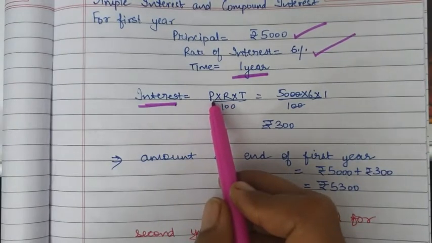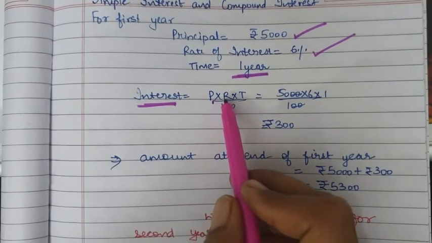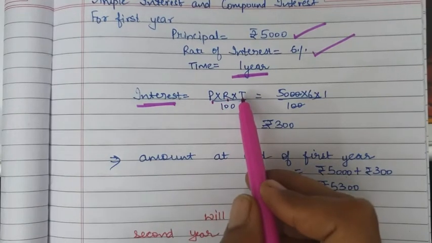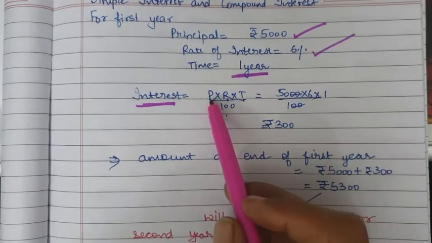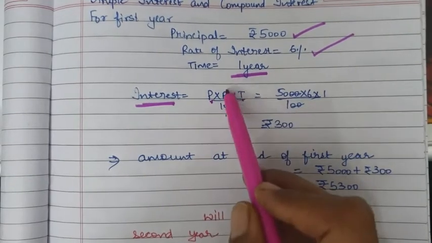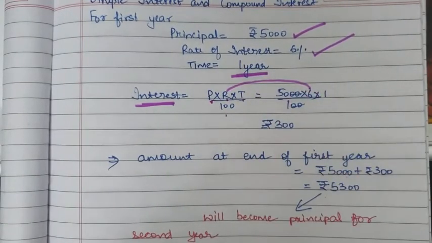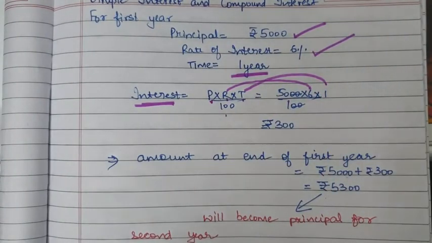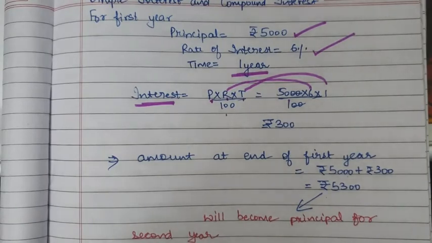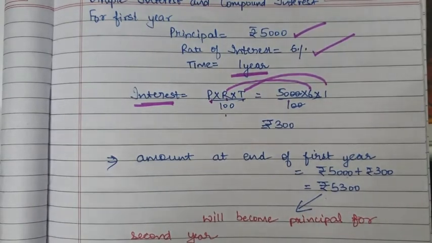Now, interest will be what? Formula we already know. Principal multiply rate of interest multiply time upon 100. Now, principal is 5,000. Rate of interest is 6%. And the time we will take here 1 year, because we are talking about only the first year.